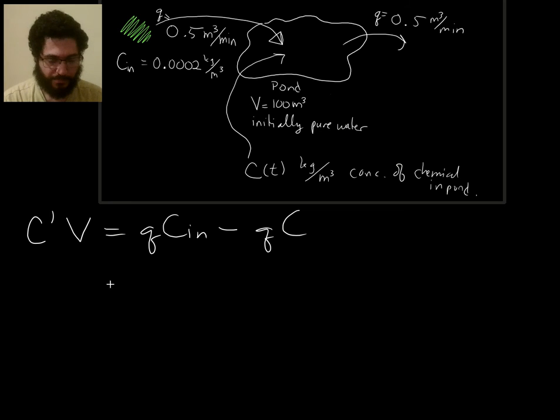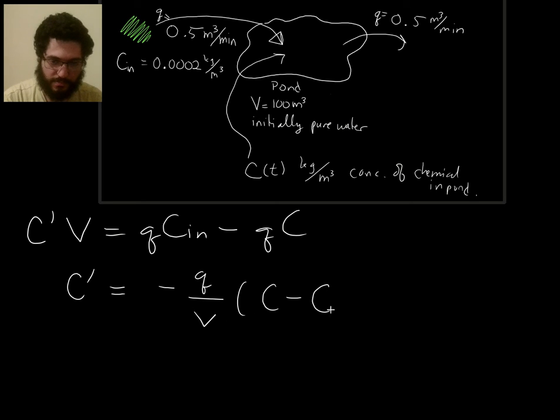Now, to solve, I will use separation of variables, because when I write it like this, I see that I've got C prime equals something involving only C. There's no time here, not even little t.